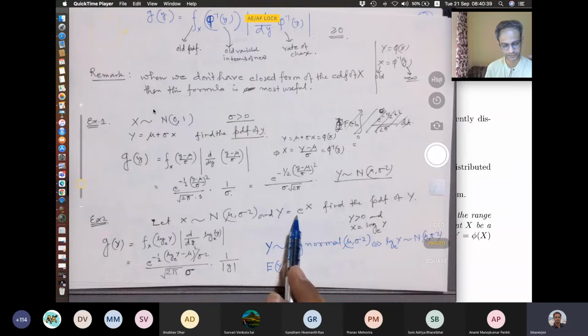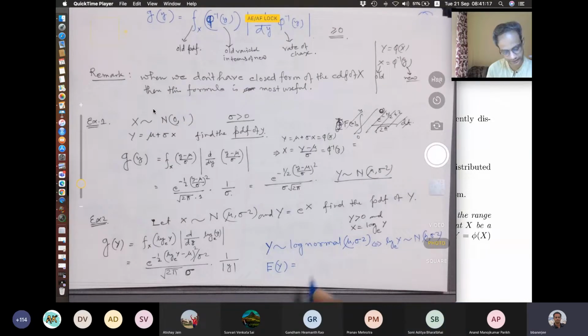I am looking for the expectation of e to the power x. So e to the power mu plus sigma square by 2.